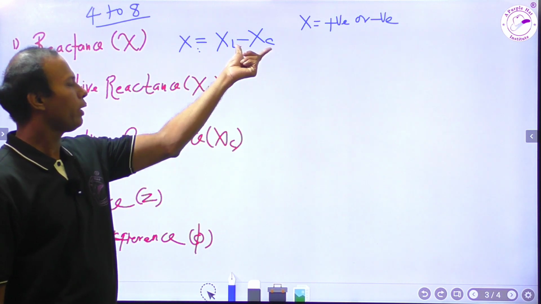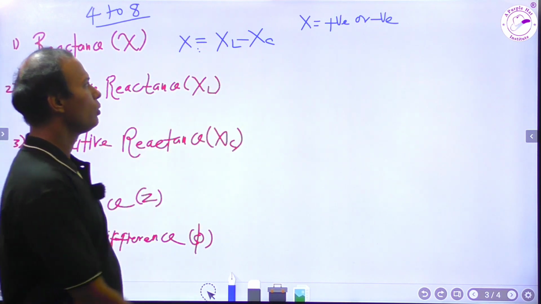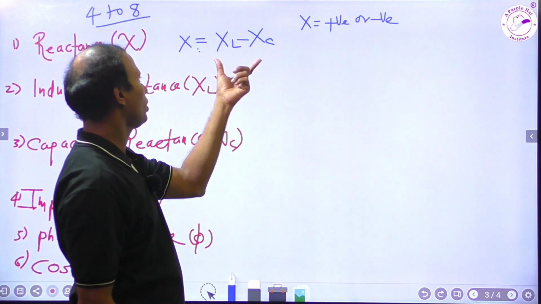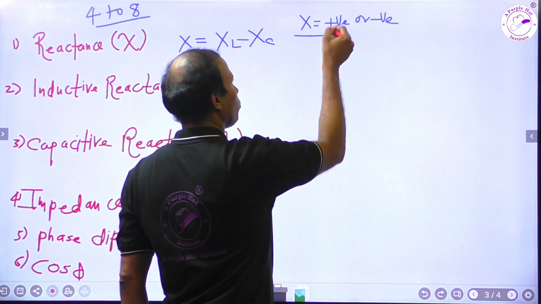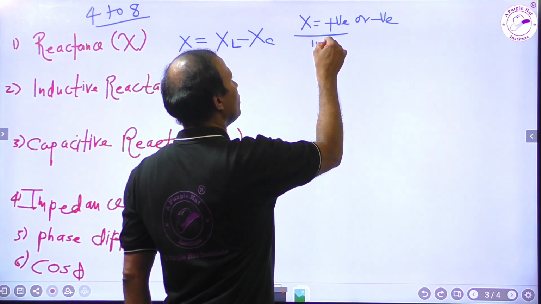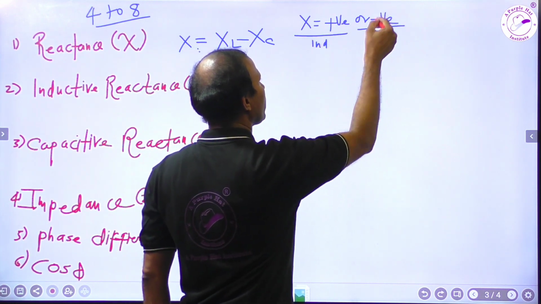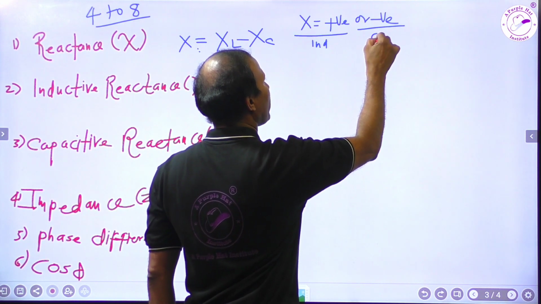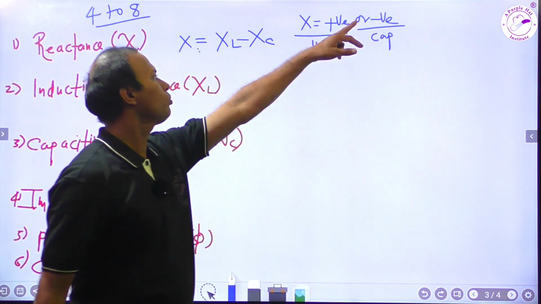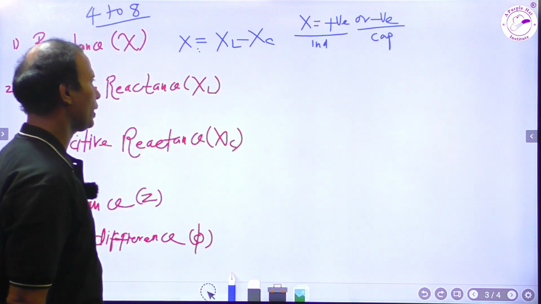XL small, XC large, this becomes negative. So reactance X depends on the circuit. For an inductive circuit it is positive. For a capacitive circuit it is negative. A minus value indicates the circuit is capacitive, RC type.